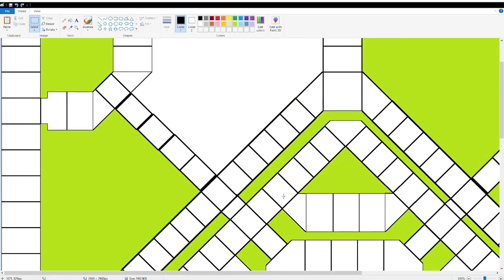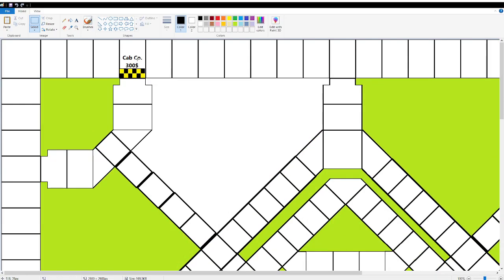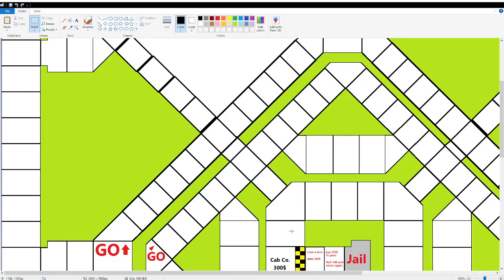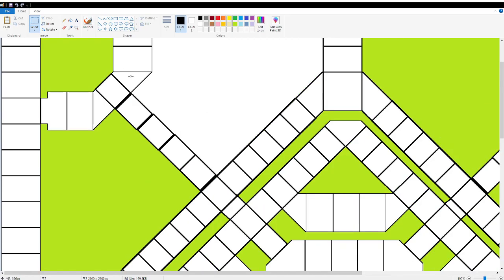You would go from ring 1 to ring 4B. Not actually ring 4, but next time you move forward you end up in ring 4. So if you are here and you get an 11, 1, 2, 3, 4, 5, 6, 7, 8, 9, 10, 11, you would land right here.